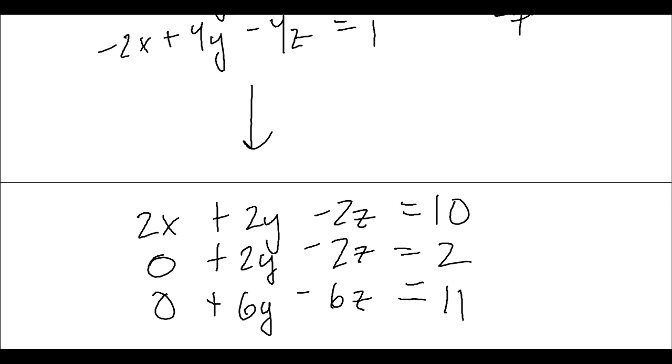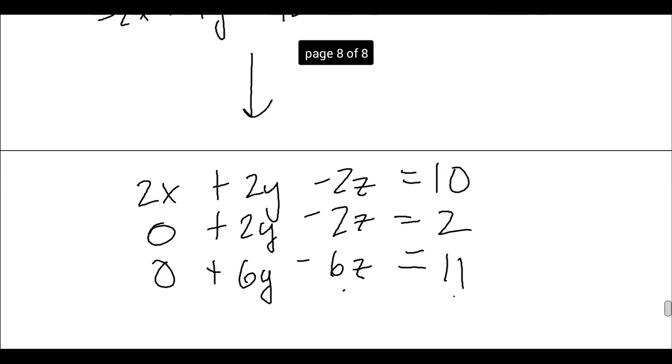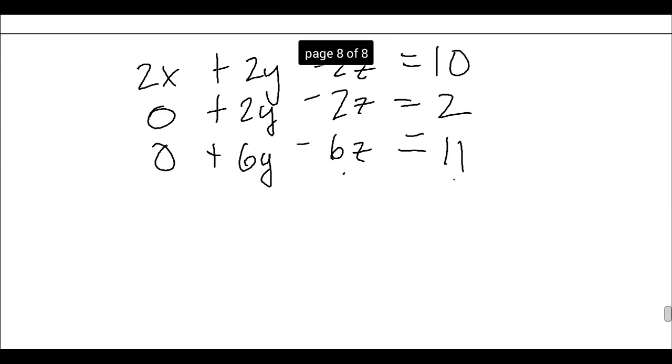Okay, so now let's try to get rid of y's. So the idea is just to eliminate one variable at a time until you finally just have one variable and a number. And that's just saying, okay, now I'll know what z is equal to. So let's work with my first and second equation.